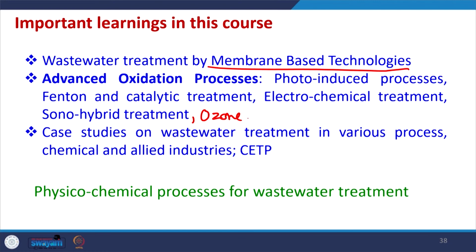So, we have studied all these techniques and developed a basic understanding of how these technologies work. In the last part, we studied case studies of wastewater treatment in various process, chemical and allied industries, and in particular we studied the treatment in the sugar industry, distillery, fertilizer and the petroleum refining industry.